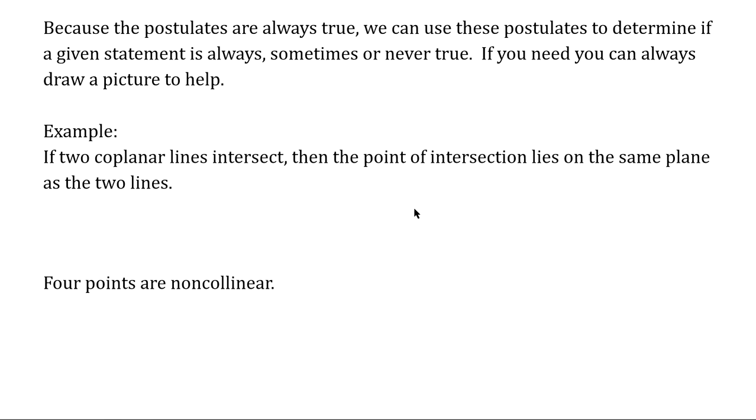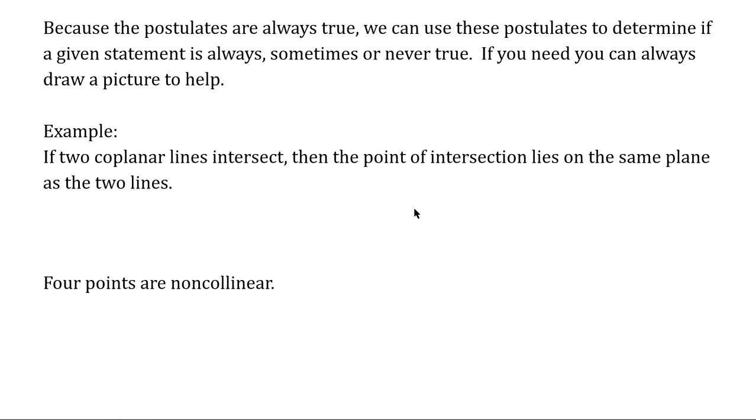If two coplanar lines intersect, then the point of intersection lies on the same plane as the two lines. So when we think of it, we have two lines. We've been told that if there's a line, all those points are on the same plane. So we have two coplanar lines, so the two lines are both in the same plane. And now because they're two distinct lines, we can definitely say that there are more than 3 points.